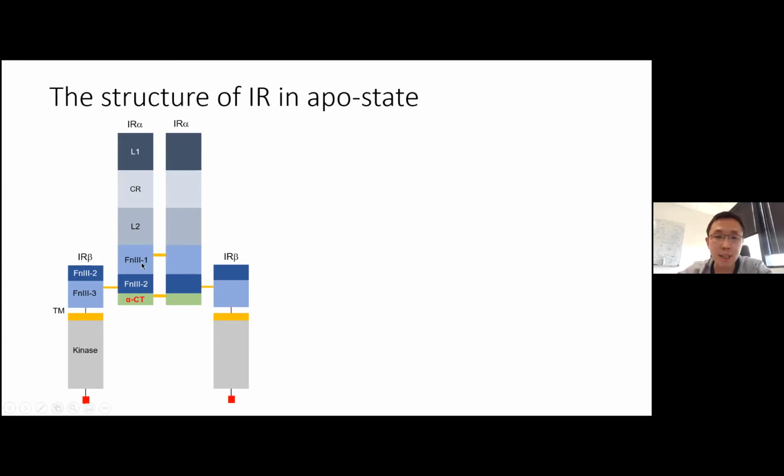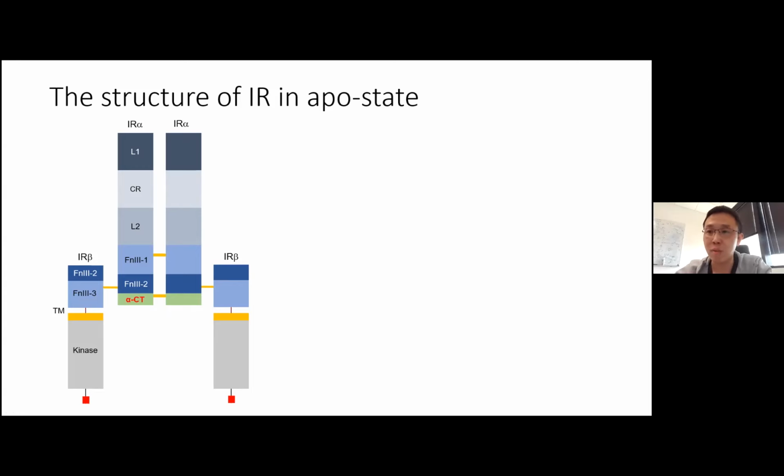In the C terminal of the alpha chain, there's a small motif called the alpha-CT motif. Sequence-wise, it is very far away from the L1 domain, but structurally, the L1 domain and alpha-CT motif make a very strong interaction. They always stay together.